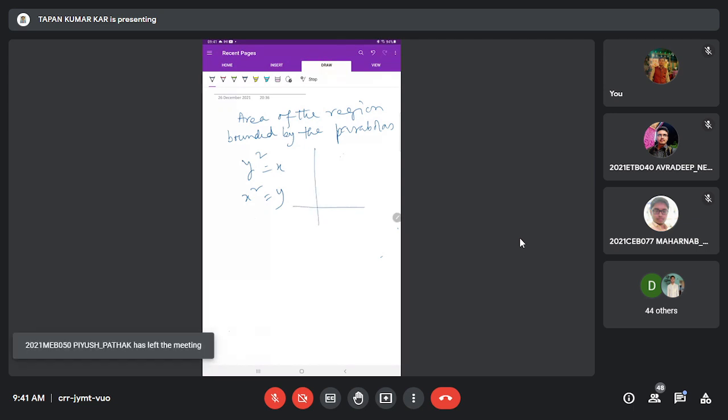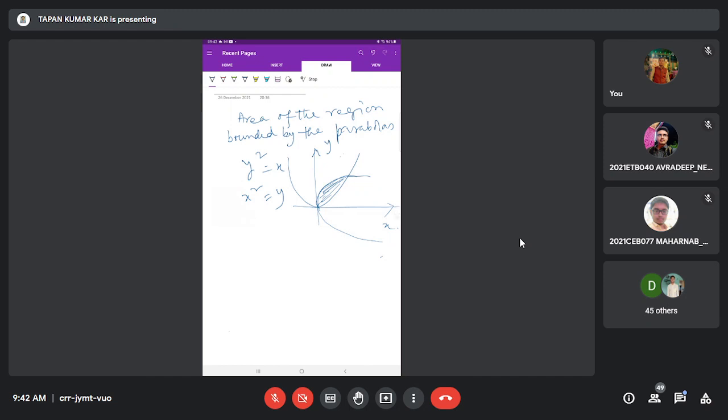Here, this x, this y, one curve is y square equal to x, and another is x square equal to y. So the region bounded by the curves is this one. This is the portion you have to evaluate.